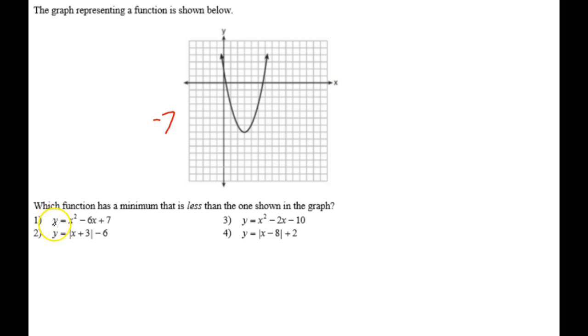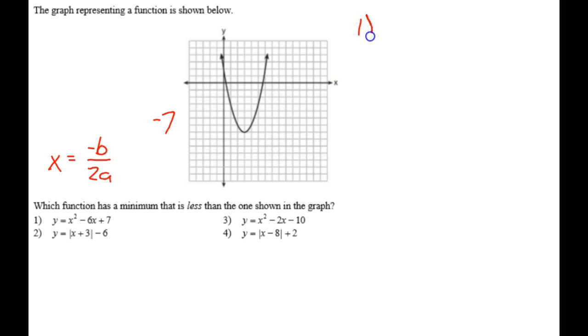The first equation is in standard form. If we have a quadratic in standard form, we talked about this a long time ago, we have an expression x equals -b over 2 times a. That gives us the x-coordinate of the vertex in standard form. So I would take the opposite of -6, which is +6. 6 divided by 2 times 1. 6 divided by 2 is 3.